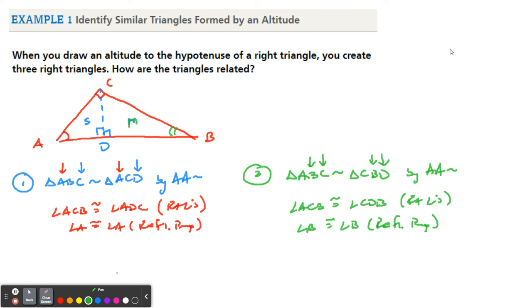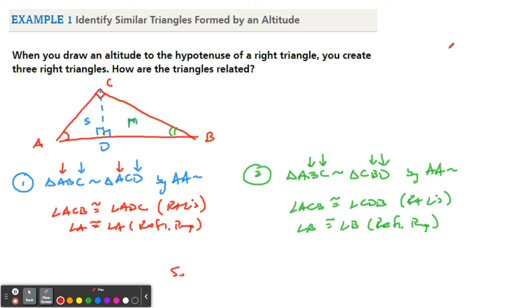And now there is this idea, and we talked about it, I think, in lesson 7.1 or 7.2, about how the symmetric, reflexive, and transitive property works for similarity. Because the small and medium triangles are both similar to the big triangle, then all three triangles are similar to each other.